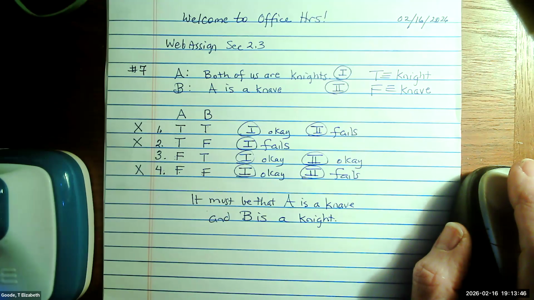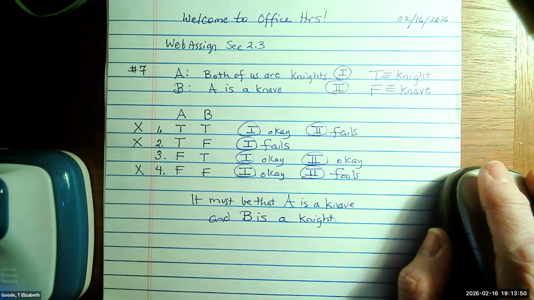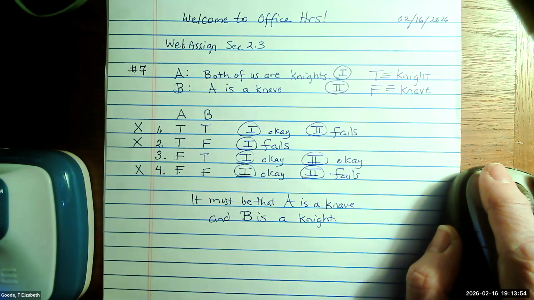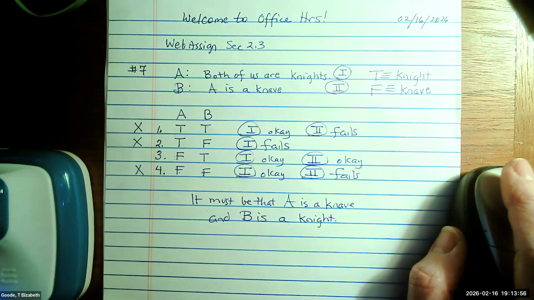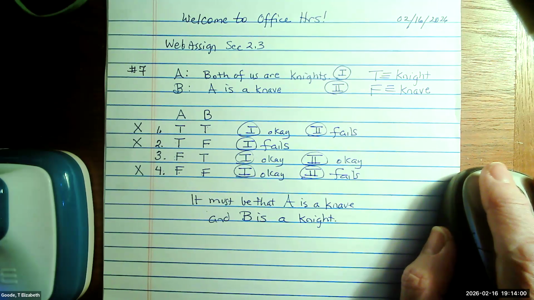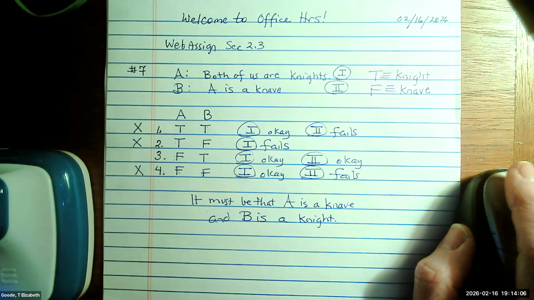Now, if that's true, then that means U is not a knight either, which means it's not true that none of us is a knight, and at least one of them must be a knave, okay? And that would jibe with what W is saying.